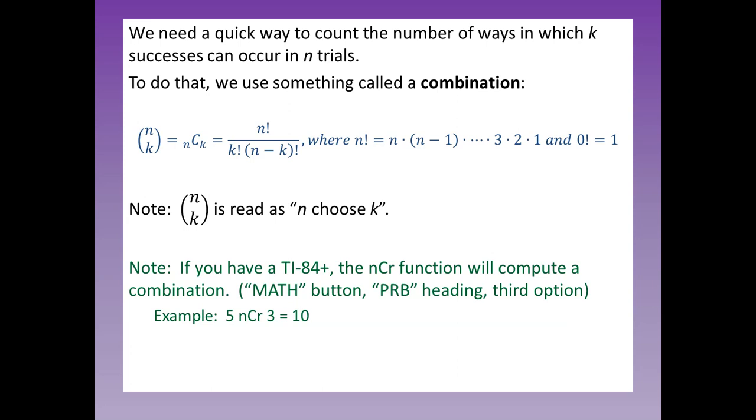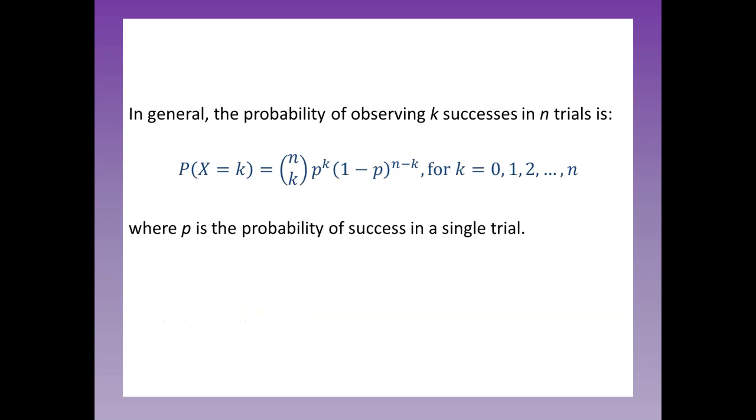The way a factorial is computed, for example, 5 factorial would be 5 times 4 times 3 times 2 times 1, which is 120. 7 factorial would be 7 times 6 times 5 times 4 times 3 times 2 times 1, and so forth. By definition, 0 factorial is 1, not 0. This is the general formula for a binomial probability, or as it's phrased there, the probability of observing k successes in n trials.